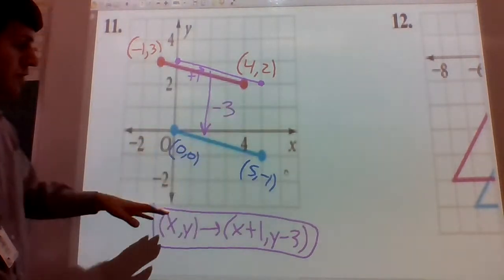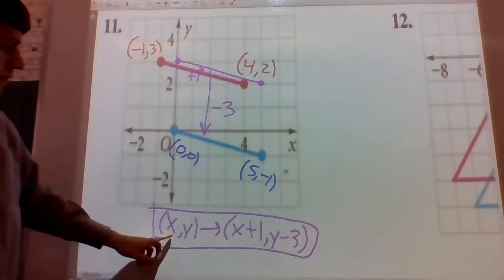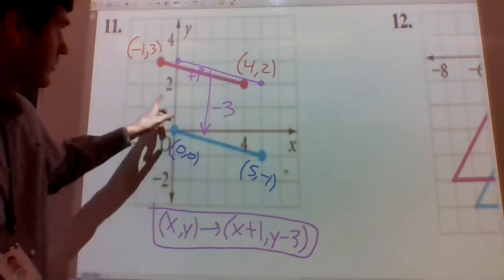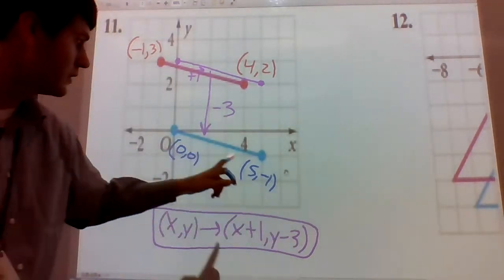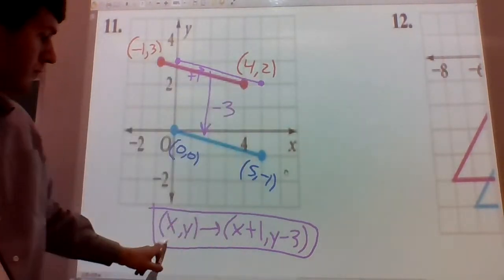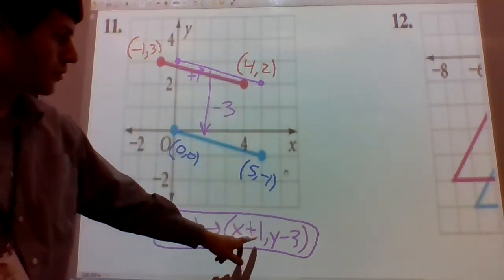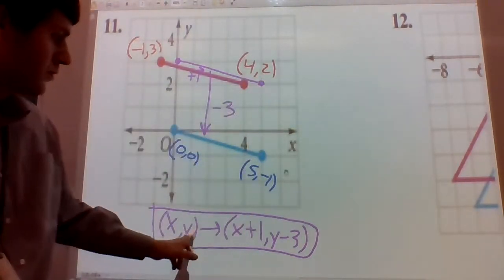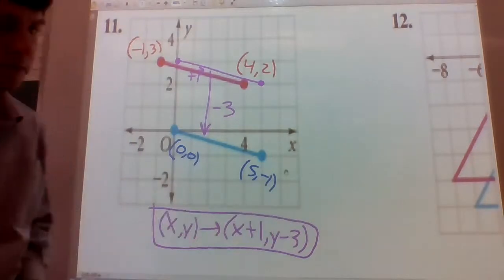Let's try them just to make sure. Negative 1, 3. Negative 1 plus 1 is 0. 3 minus 3 is 0. Substitute in the other point, 4, 2. So x is 4. 4 plus 1 is 5. Y is 2. 2 minus 3 is negative 1.